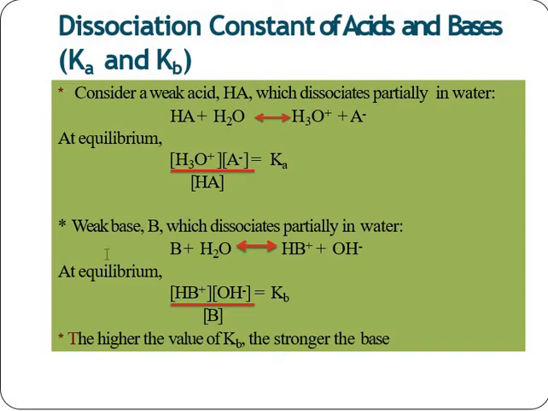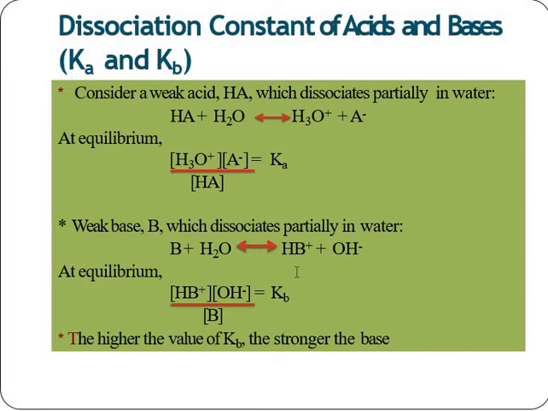Now similarly you can write the dissociation constant for a weak base. Consider B is a weak base, which reacts with water and gives HB plus and OH minus ions. In this equation you have to consider the forward reaction only.